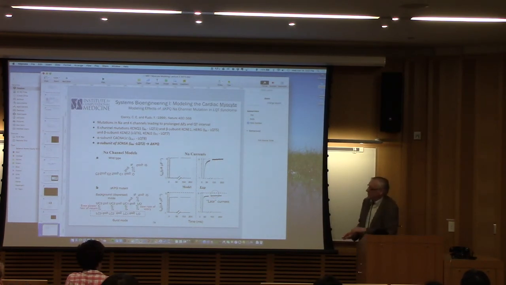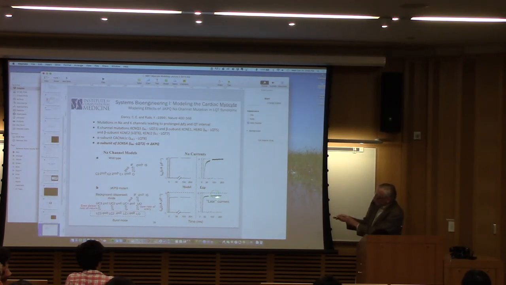Functionally, unlike a normal sodium current, which undergoes complete inactivation in response to a depolarizing voltage step, this is a negative inward current here, the voltage is maintained, probably something like 0 millivolts, or plus 10 millivolts, or 20 millivolts. Sodium current inactivates completely.